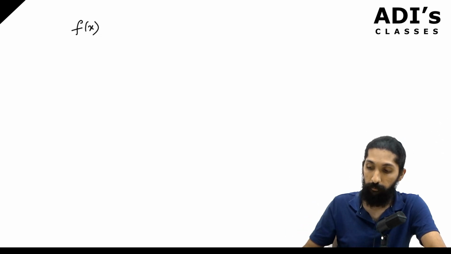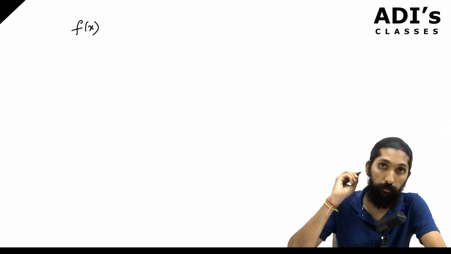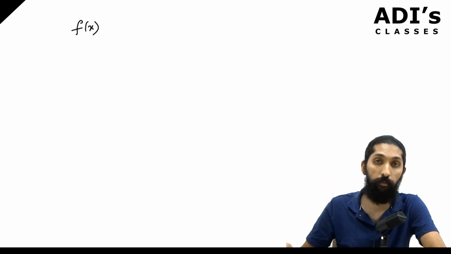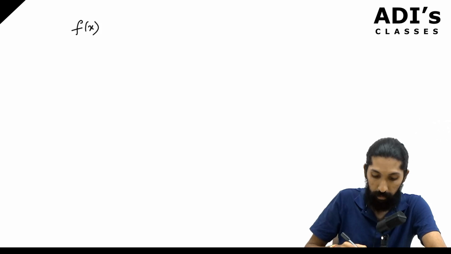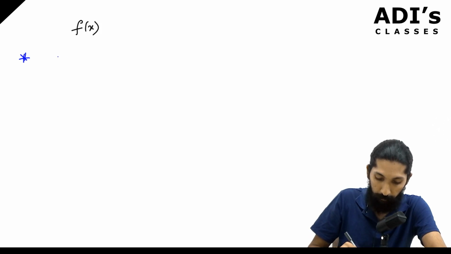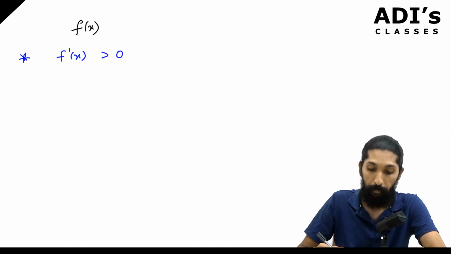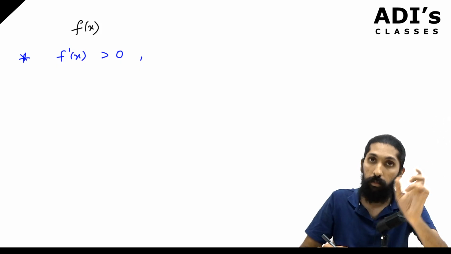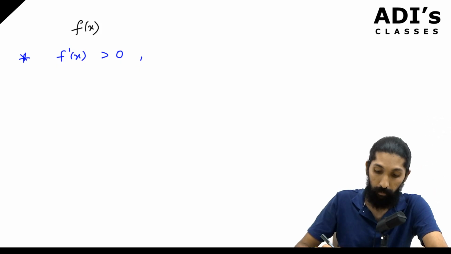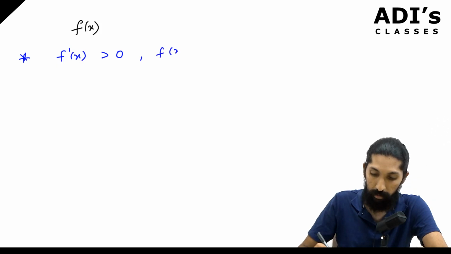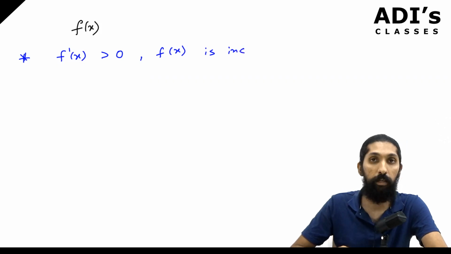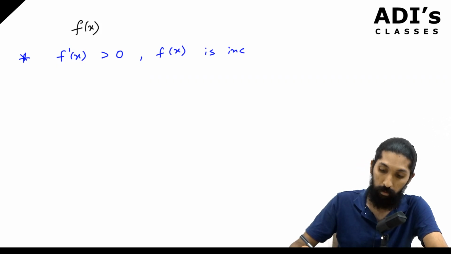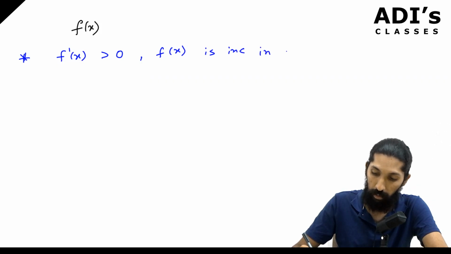Now, the first and foremost condition: what if f dash of x is greater than 0 in that interval a comma b? Then we say that f of x is increasing in that particular interval, a comma b.